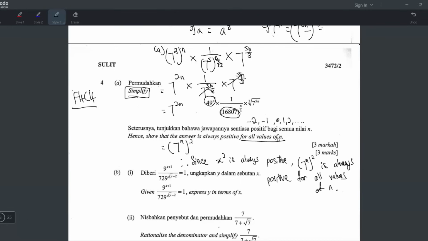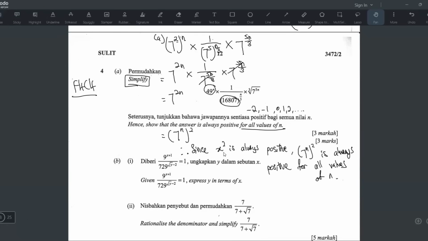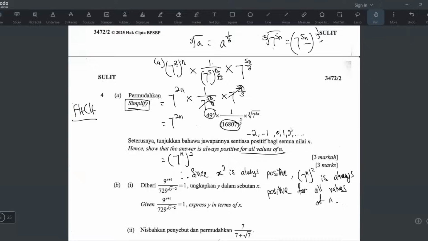I think if I write like this, it is good enough, since it's only 3 marks. Let me read one more time. Since x squared is always positive, because any number squared is always positive, that's why 7 power n squared will always be positive for all values of n. This is how I would do part A.